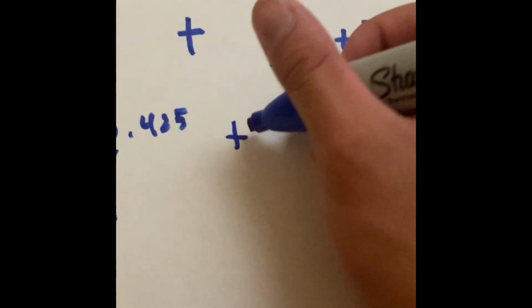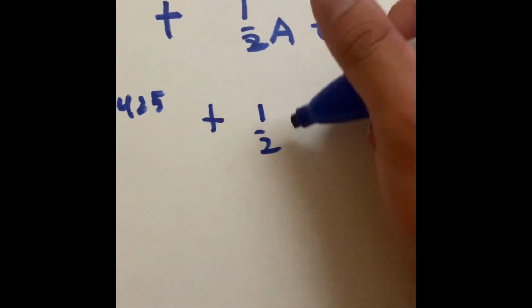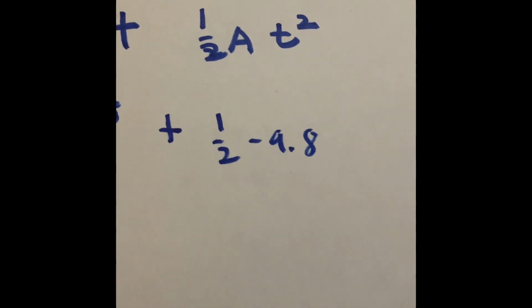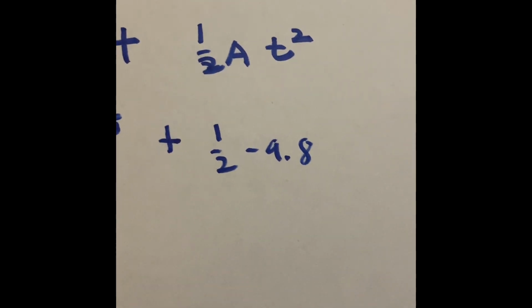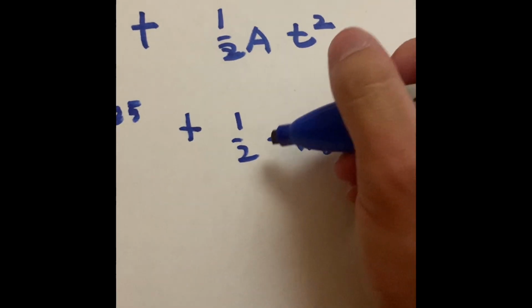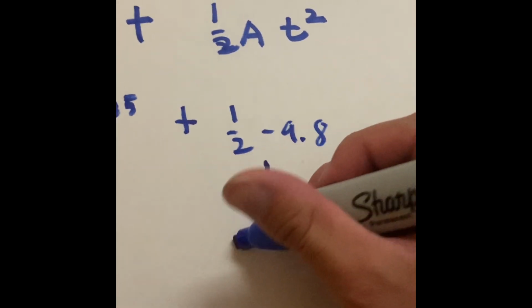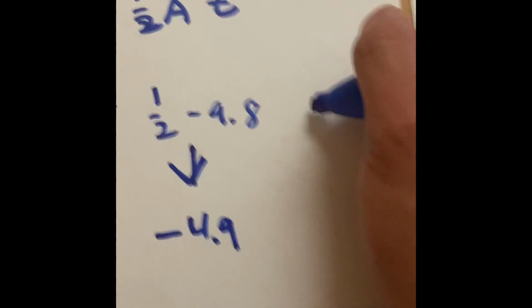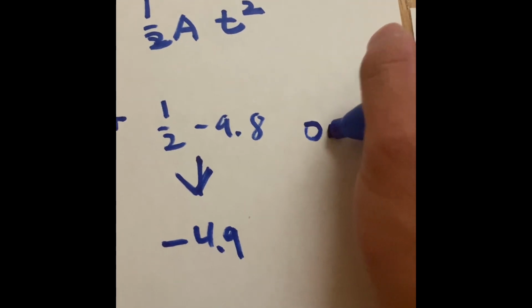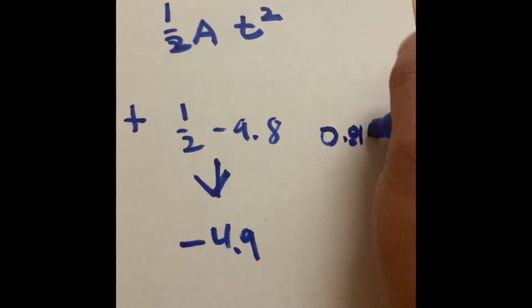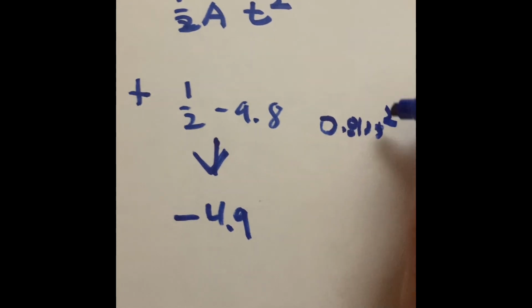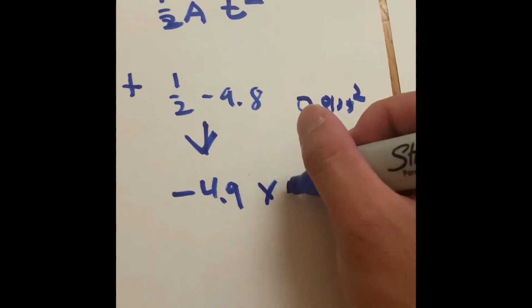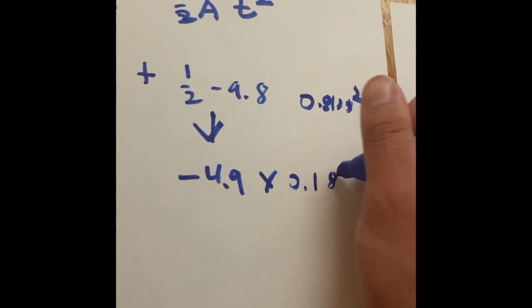We have to add that to 1/2 times negative 9.8 meters per second squared, because that's our gravitational pull. And when you do that, you halve it to negative 4.9. When you talk about your t squared, we have to do 0.425 squared. 0.425 squared is going to equal 0.1806.